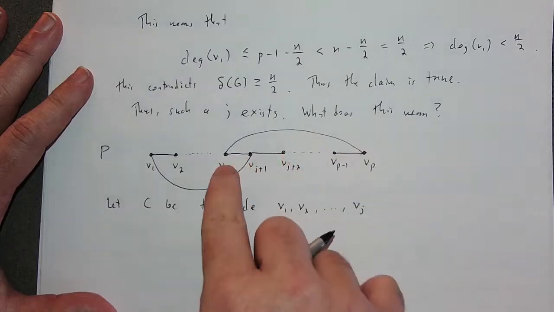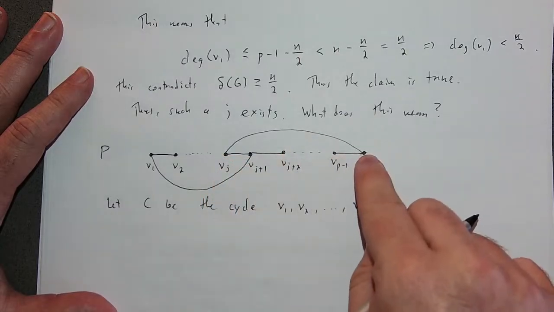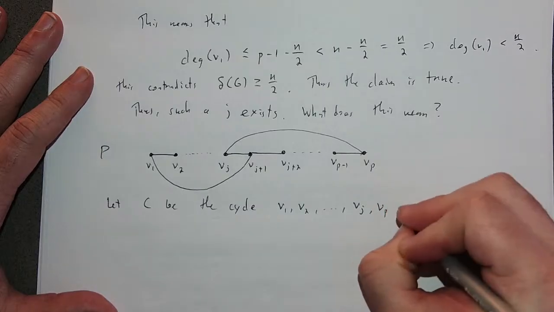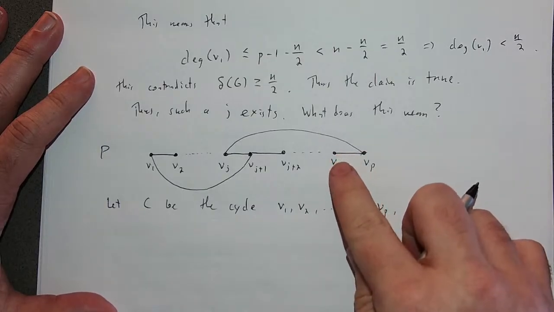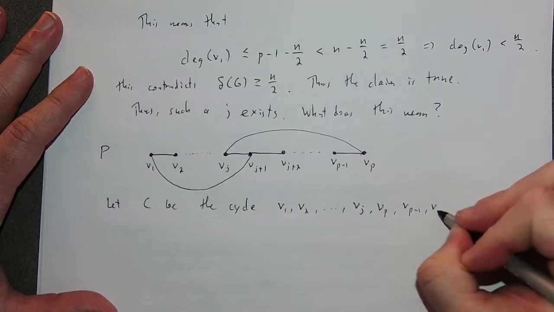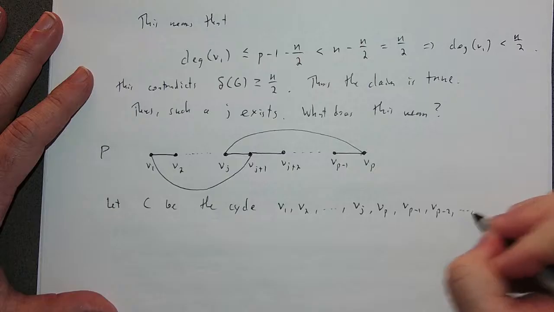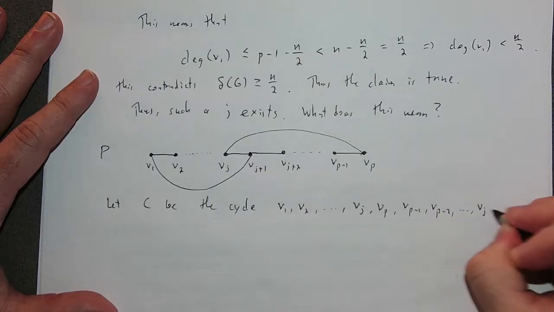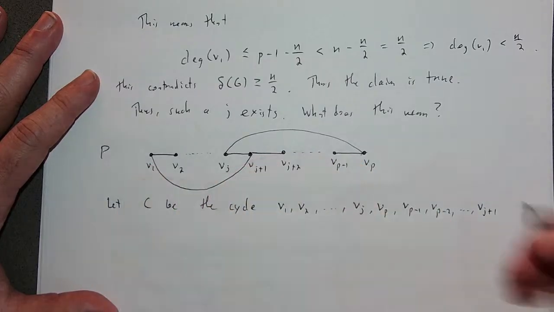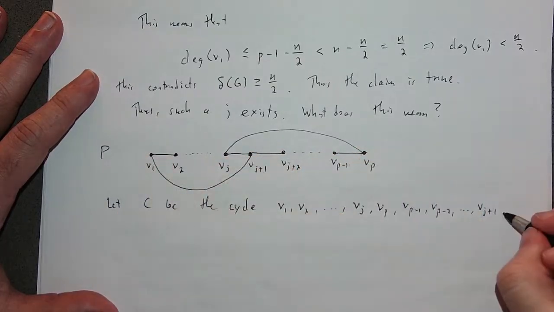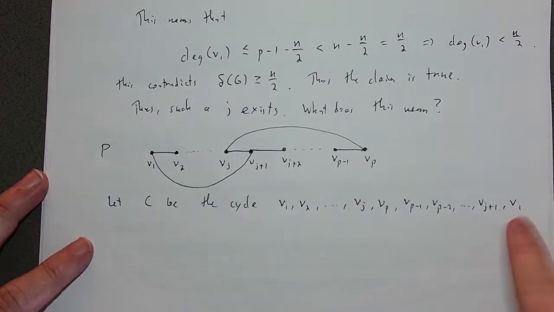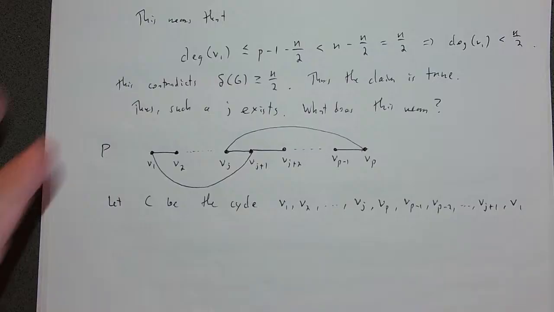At the vj mark, instead of going on along the path in the usual fashion, I'm going to go from vj to vp. And then I am going to go backwards along this path, vp minus 1, vp minus 2, and so on, all the way down to v sub j plus 1. But v sub j plus 1 is adjacent to v sub 1, so then back along this path. Now, yes, I know that I've repeated v sub 1 here. That's just to really say that I'm including this last edge.